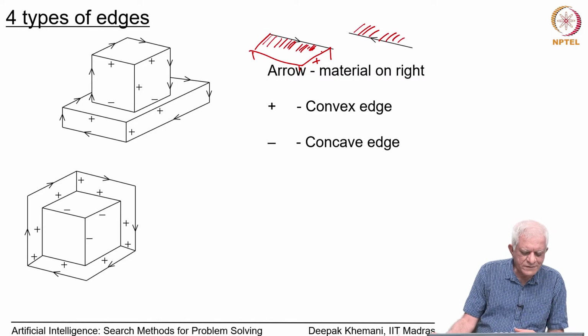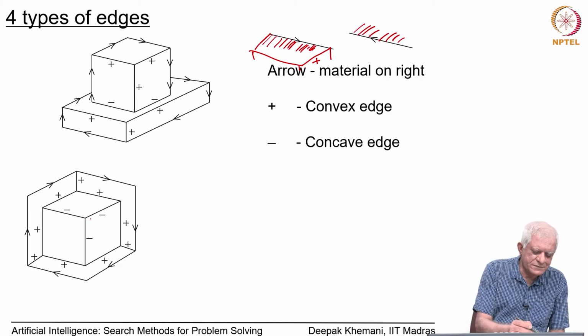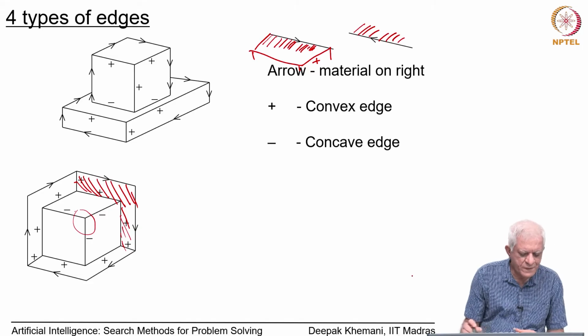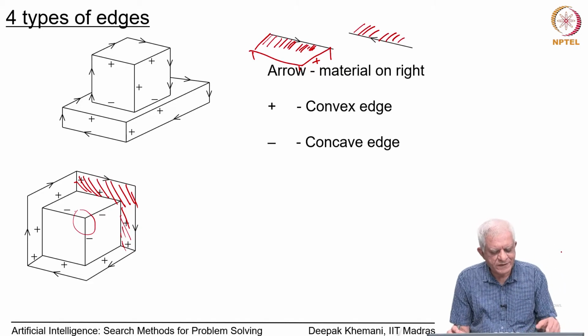So, if you look at this diagram and try to visualize it based on the labeling that has been done, then you can see that the inner part is kind of hollow essentially, that the outer surface is the surface which is, for example, facing you, but that inner vertex is inside a hollow.